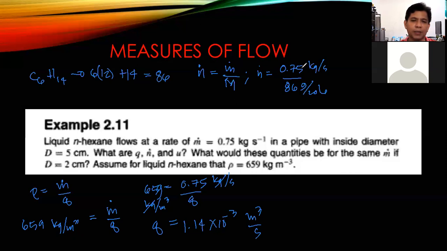Kailangan nyo itong i-convert sa grams. So, multiply lang natin ng 1,000. So, this is used to convert kilogram into gram. So pag ganyan, you're supposed to get n dot is equal to 8.72. And that is 8.72. So this is mole per second.